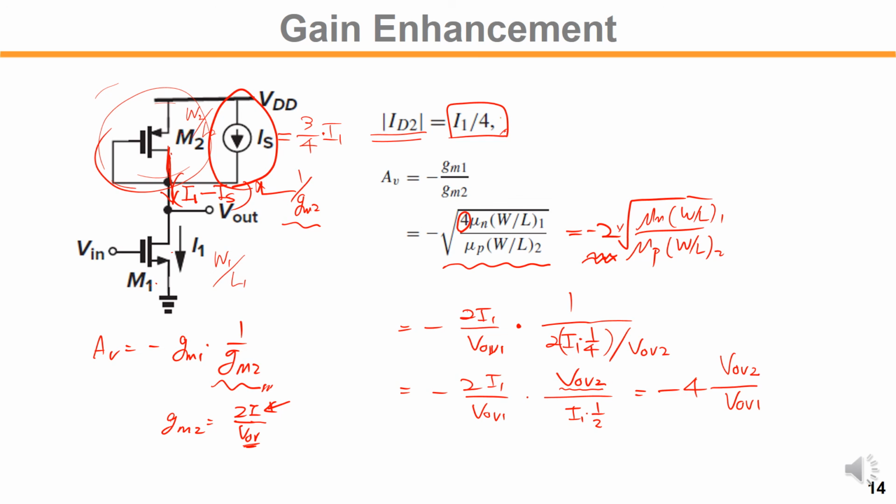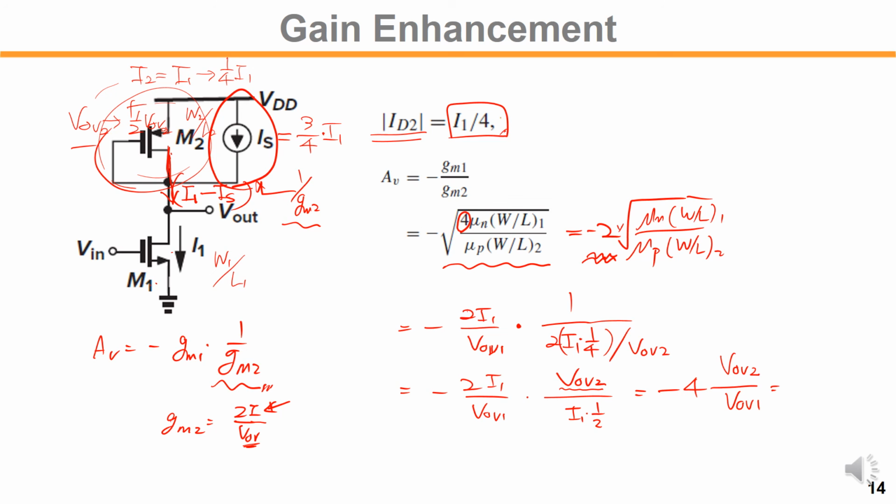Now if you haven't changed the device size W2, by reducing the current through that device, that will result in a smaller overdrive voltage. How much smaller? The I2 went from I1 to 1/4 of I1. So the device current went down by 4 times, meaning the overdrive voltage of M2 will go down by half, right?